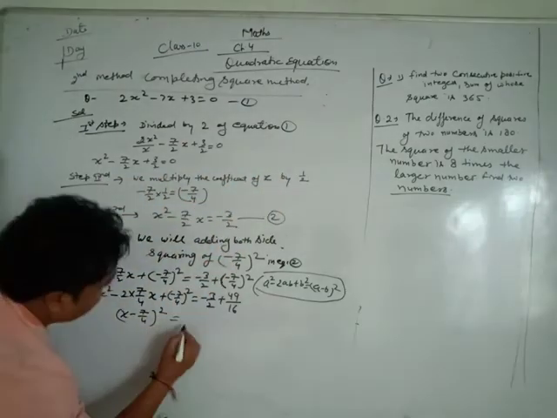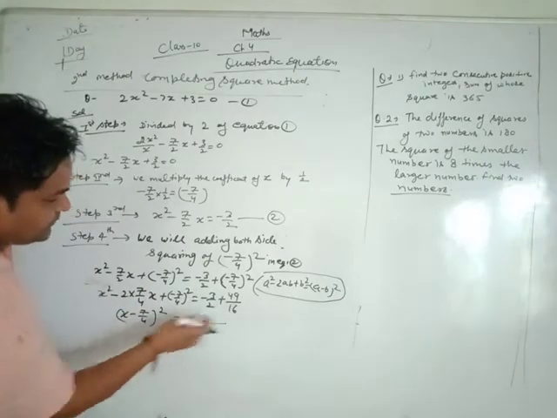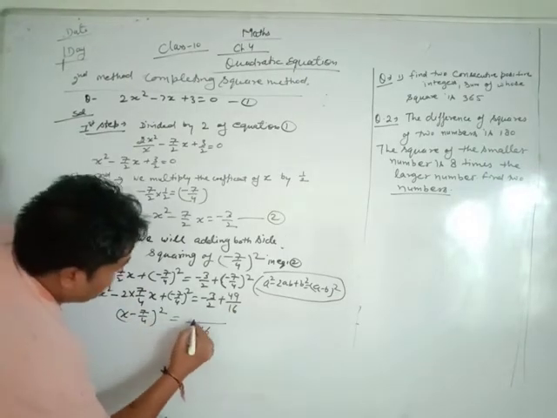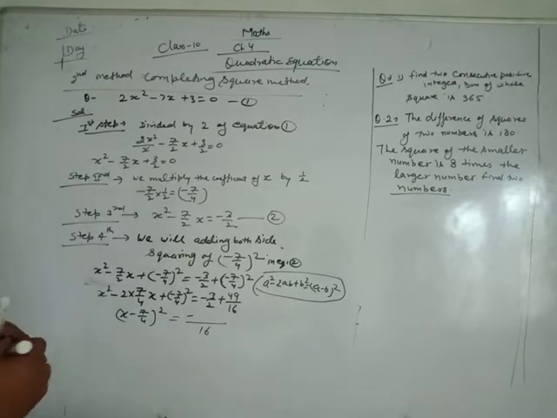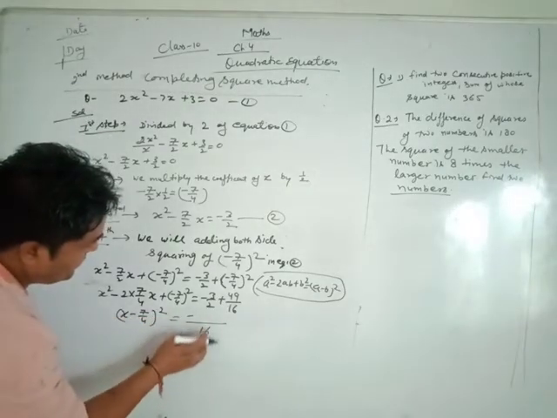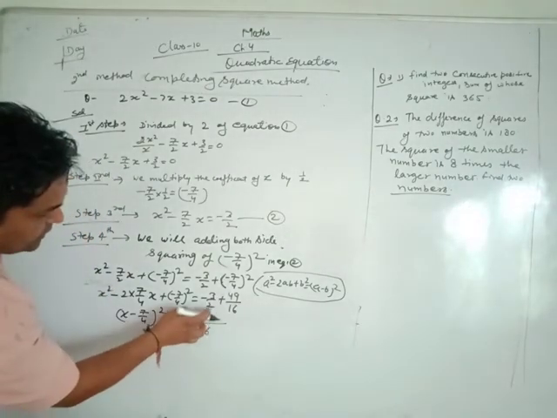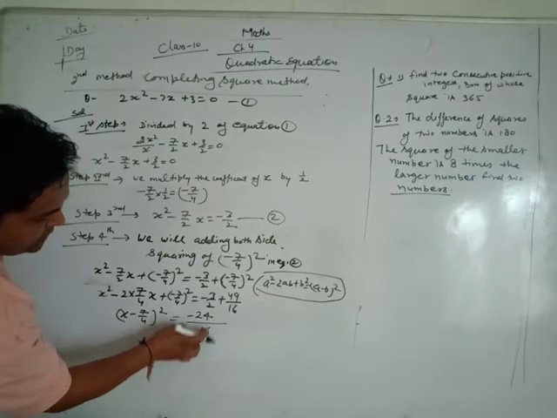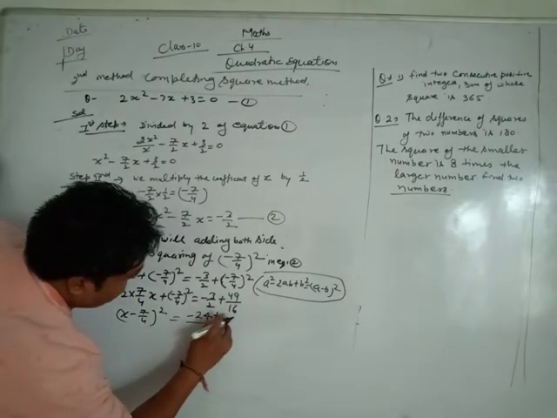Again here take 16 as the LCM and cross multiply. Minus 3 by 2 becomes minus 24 by 16, and 16 divided by 2 is 8, 8 times 3 is 24, then plus 49.